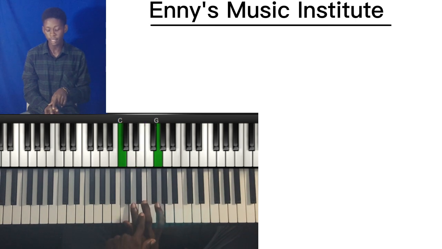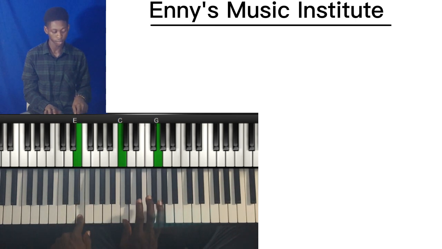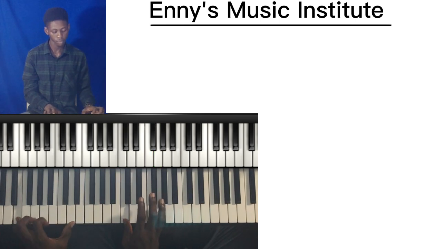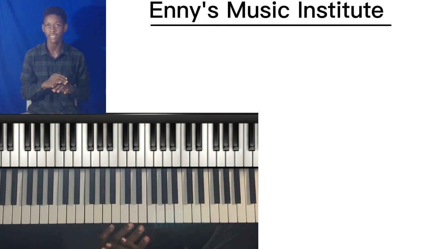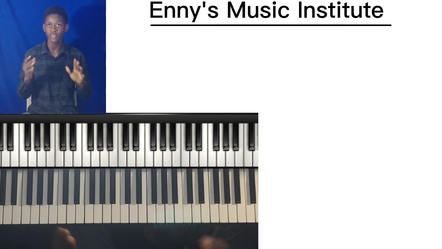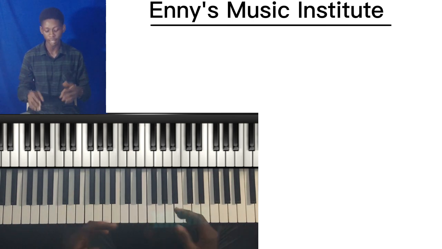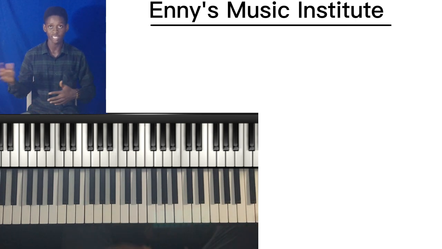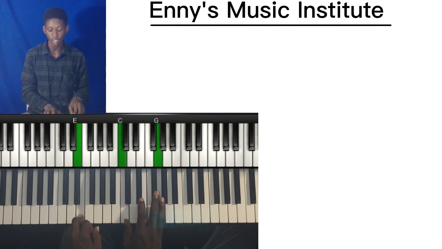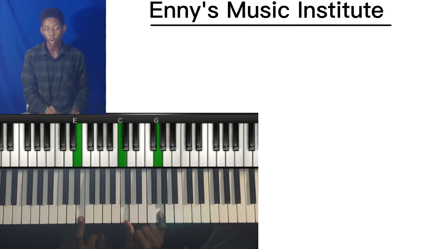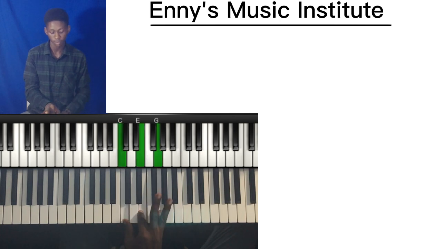So if we take this note from here and drop it to the lower octave, this is a drop 2 chord, and it is that simple. That's literally drop 2 in its most basic explanation. It gets complicated when we start talking about chord extensions and all of those things, but this is what a drop 2 chord is. So this is a drop 2 voicing of the C major chord.